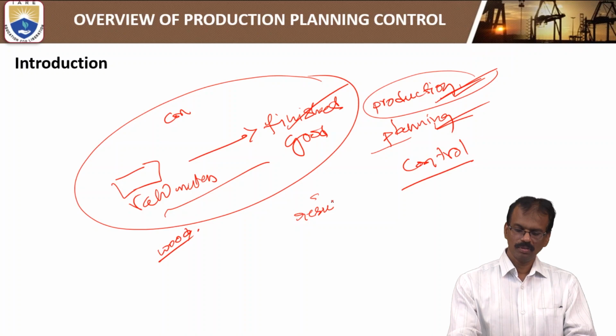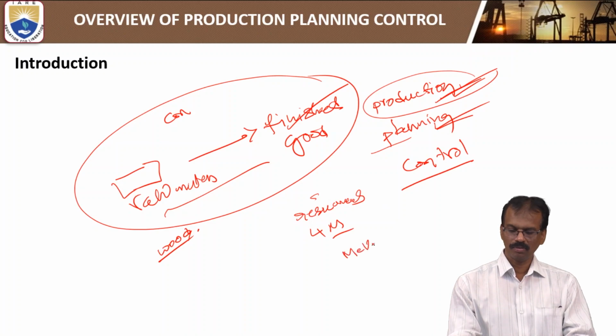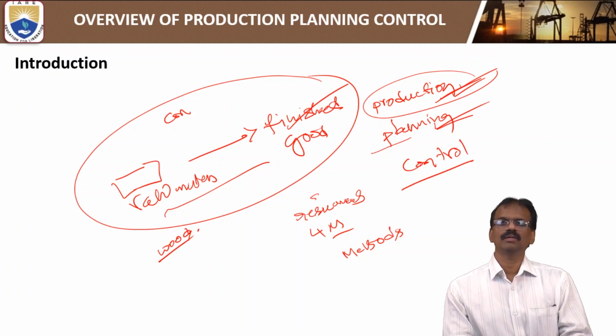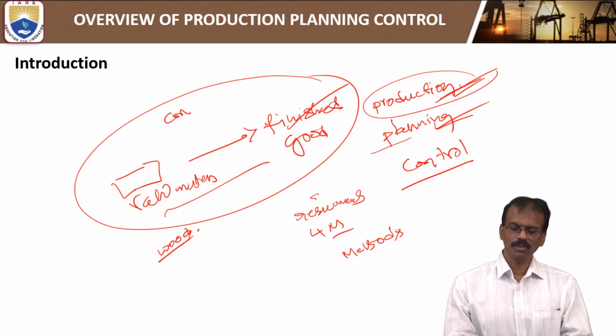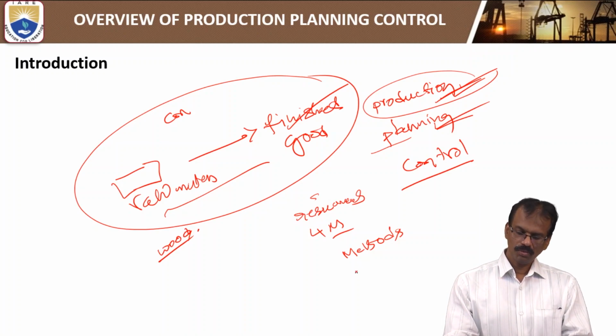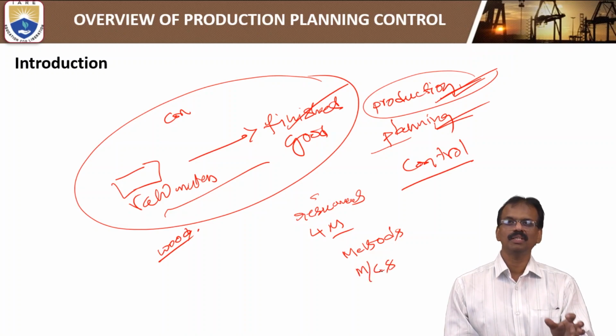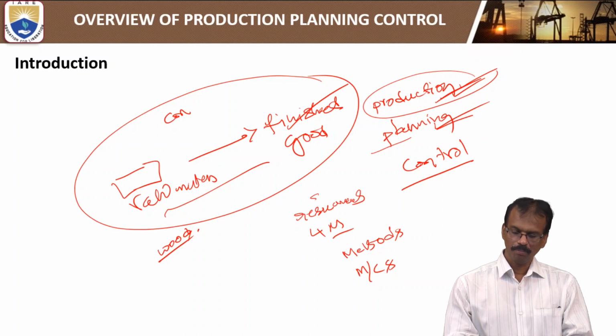Resources means the four M's. One is methods: what methods are there to perform the production operation. Next, machines: what different machines are available to perform the different operations. And manpower.